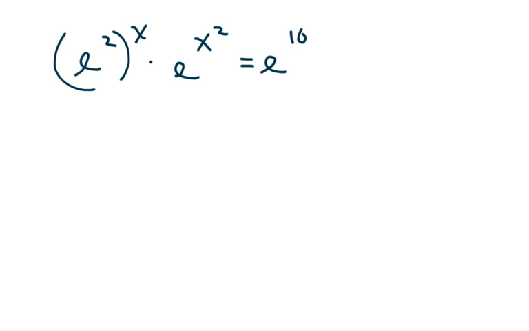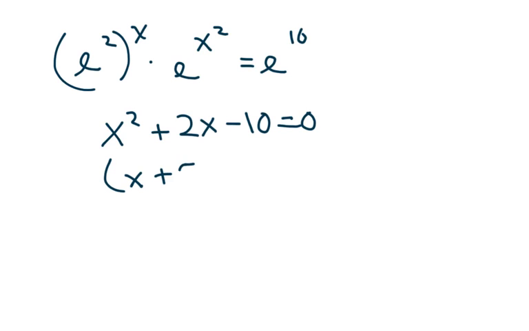e squared to the x power times e to the x squared. Do you see the similarities? Equals e to the 10th. So basically you get x squared plus 2x minus 10 equals 0. It's going to be x plus 5 times x minus 2. So basically this is wrong.